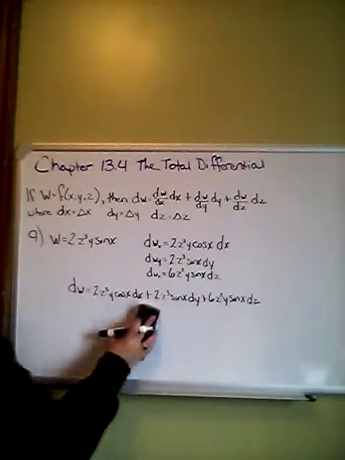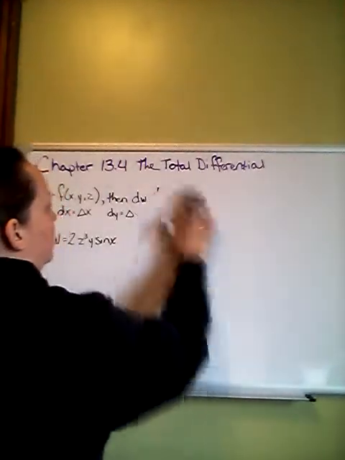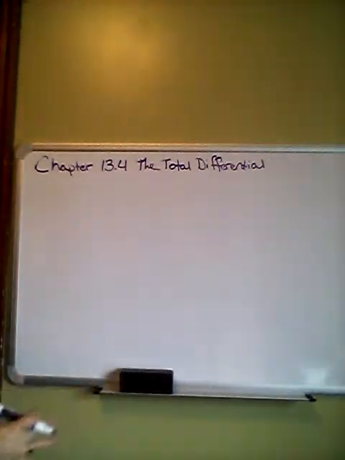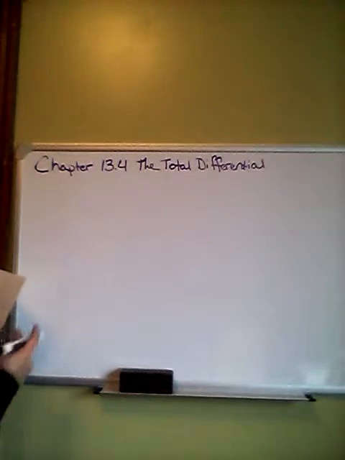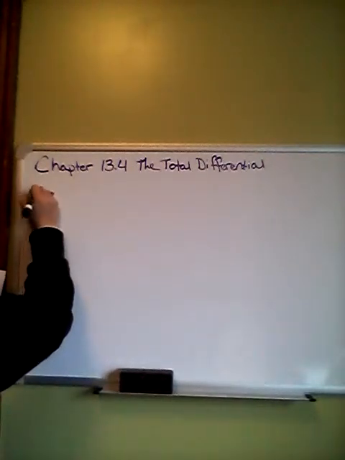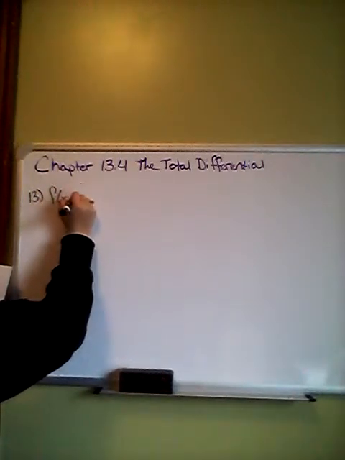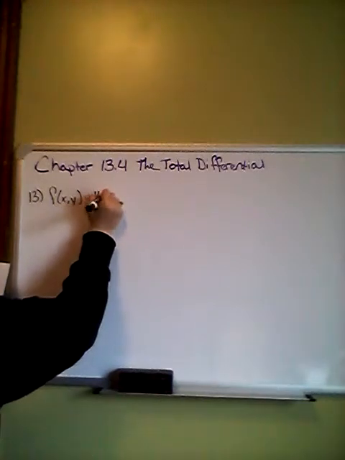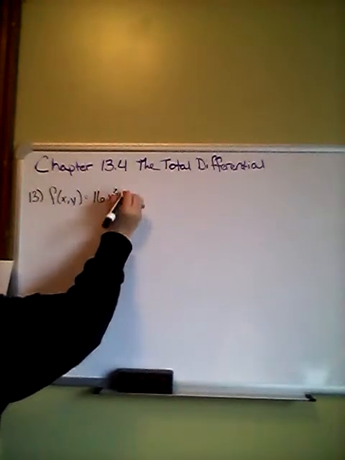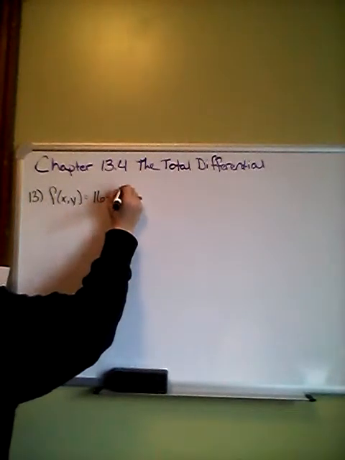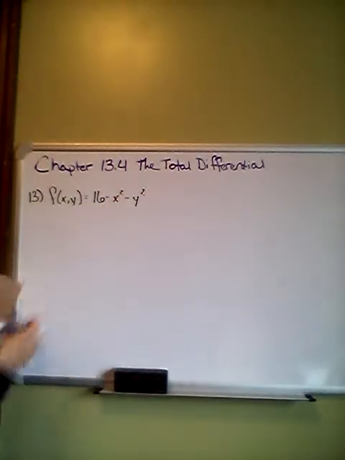Okay, so now the next thing that I am going to talk to you about today is using the differential that you come up with for the total differential to help estimate a value. So we're going to start with number 13 from this section, which is a function f of x, y equal to 16 minus x squared minus y squared.